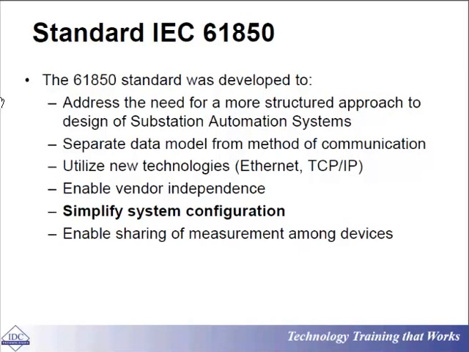So you are going to reformat, or restructure, this substation automation system. Like what? For example, separate the data model from the method of communication. I don't care whether the method of communication is modem, telephone line, satellite, fiber, whatever.